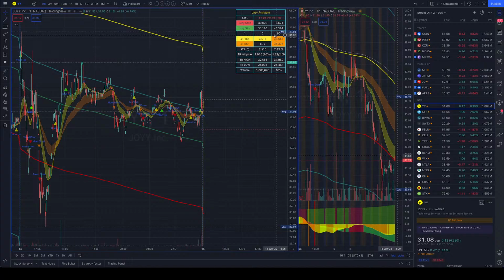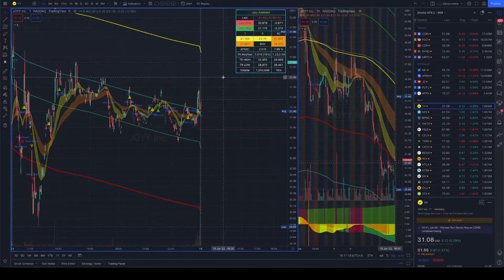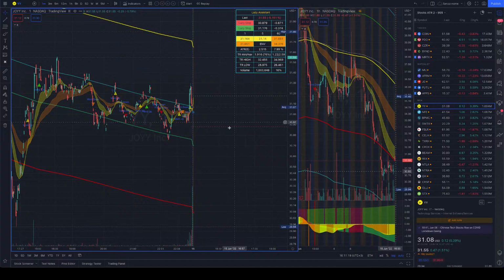So you can immediately decide where you want to put the stop. If you want to be safer, you can go above. These are immediate reference values. You see that 31.5.